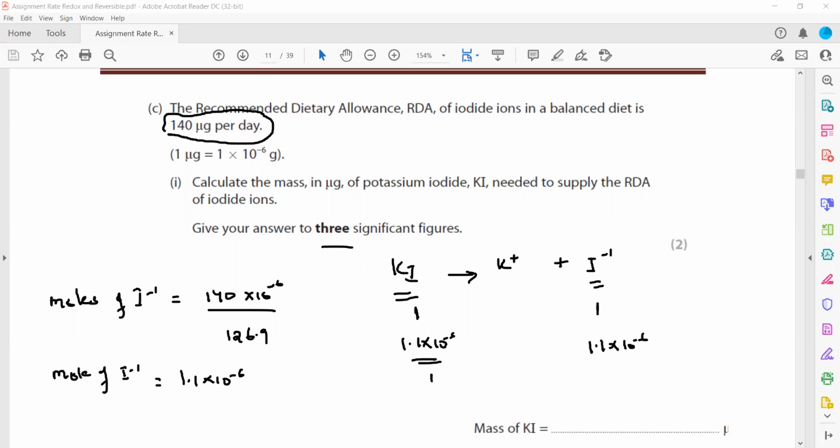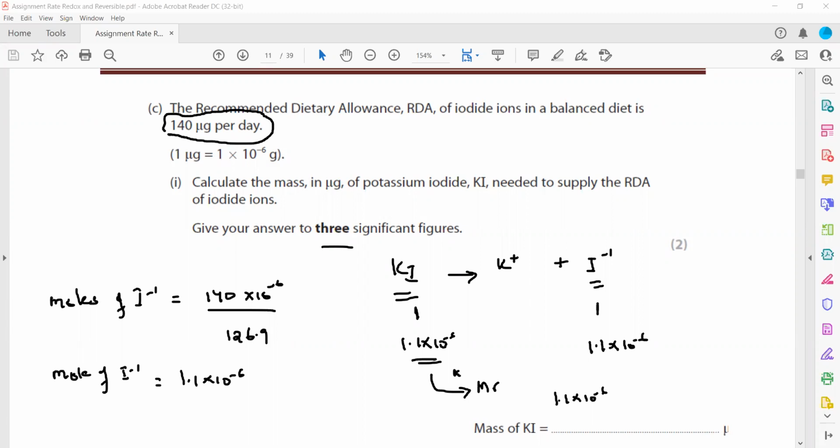After getting the moles, because we need a mass in grams, we'll multiply by molar mass. So 1.1 into 10 to the power minus 6 multiply by molar mass of potassium iodide. So what is the molar mass of potassium iodide?